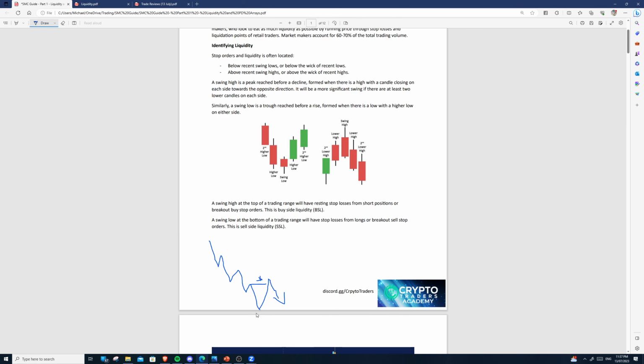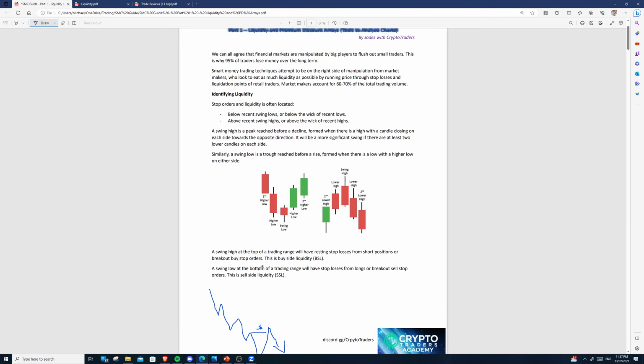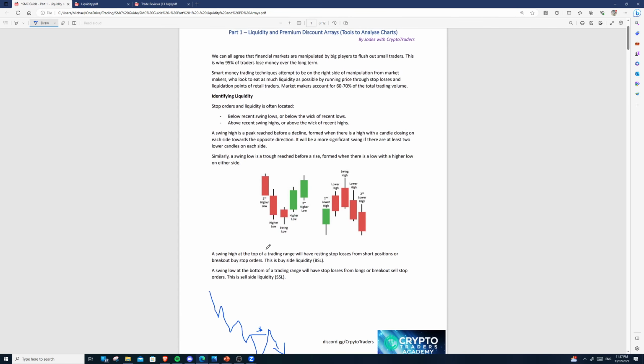And in doing so, they will have stopped out multiple short positions, right, and eating up their liquidity. And yeah, pretty much in a nutshell, market makers counter trade these retail traders, and that's why the win rate or like profitability of retail traders are so low. Over 95% of traders lose money over the long term.